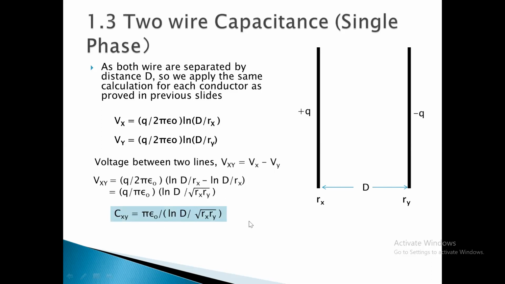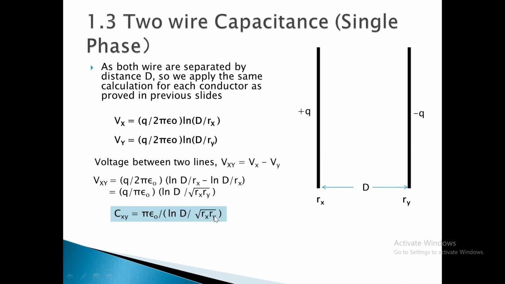So the capacitance between two lines: if someone asks you to find it, you just put in the value of the distance and the two radii. If the radius is the same, it will simply be r, because r multiplied by r, square root of r square, is r.